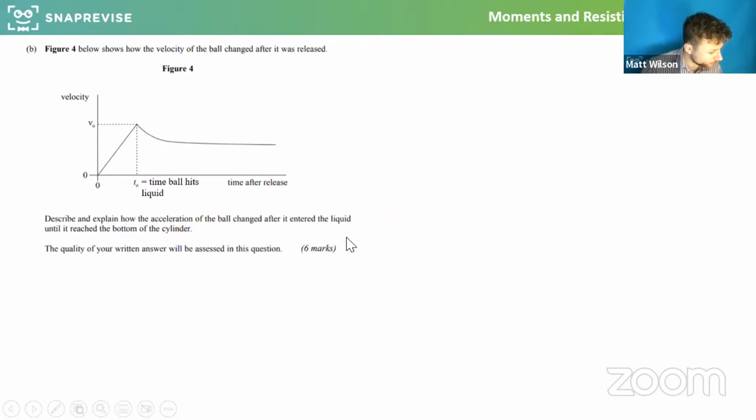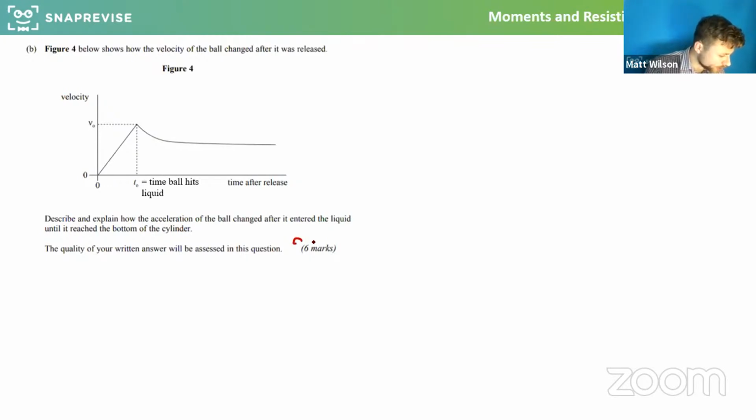Figure 4 below shows how the velocity of the ball changed after it was released. Okay, so we have a graph of velocity here against time. Describe and explain how the acceleration of the ball changed after it entered the liquid until it reached the bottom of the cylinder. And they're going to assess the quality of our written answer. Now, this is a really great question for understanding terminal velocities.